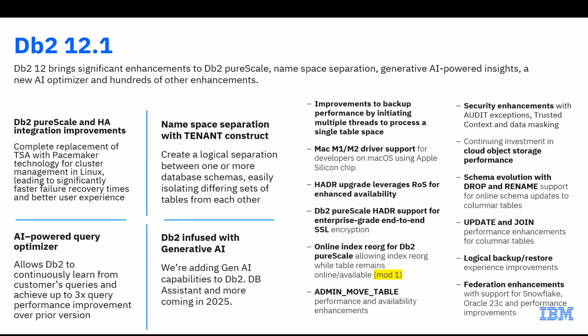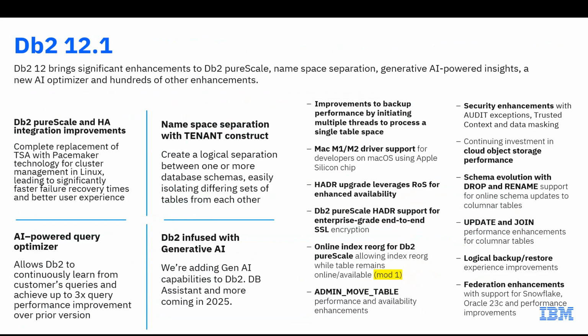And of course, generative AI, as I said, so in 12.1 a lot of this comes through the DB Assistant or the AI Optimizer, but as you look through 2025, we're looking to see how we can make Db2 the database for Gen AI applications that need to marry both vector support and relational data.